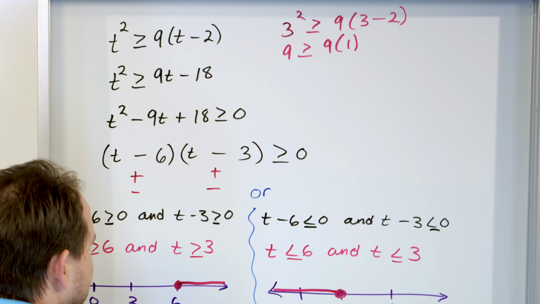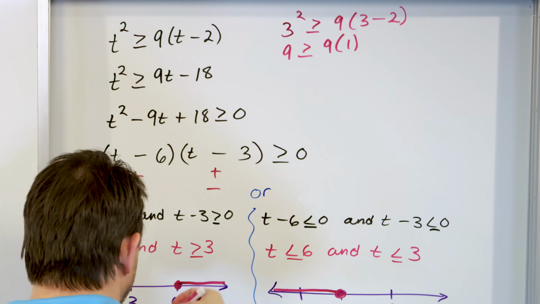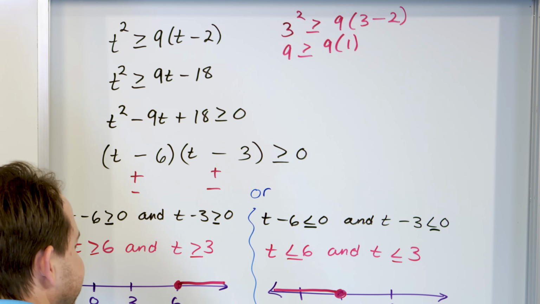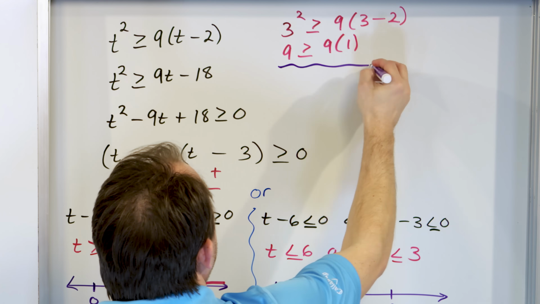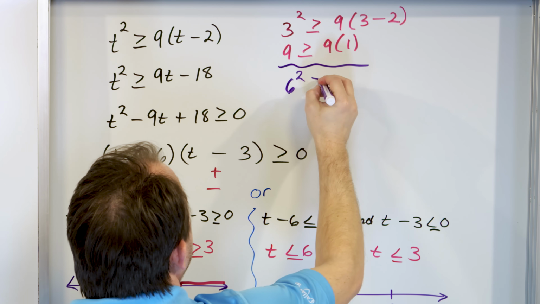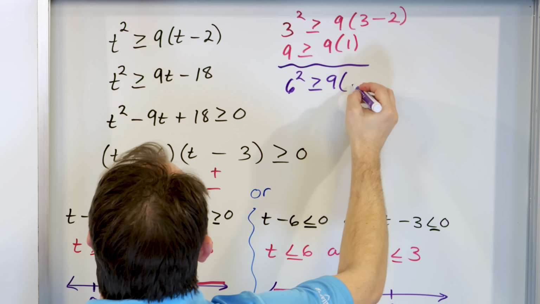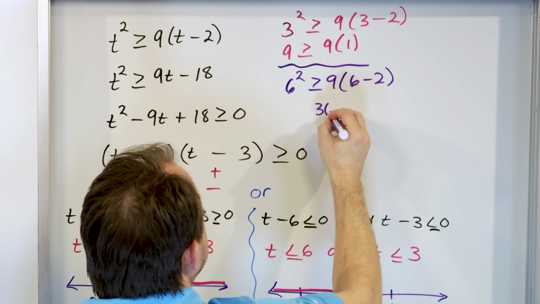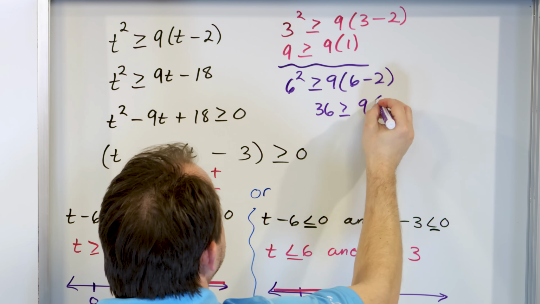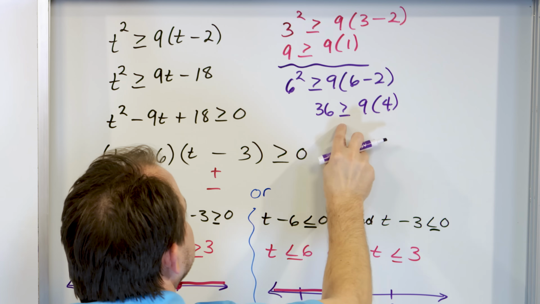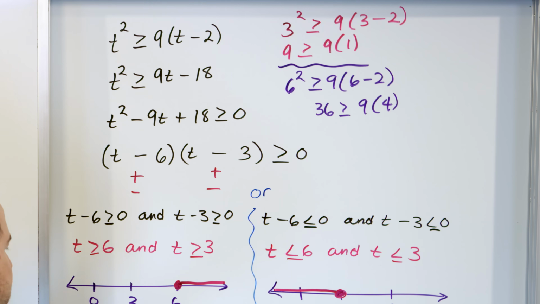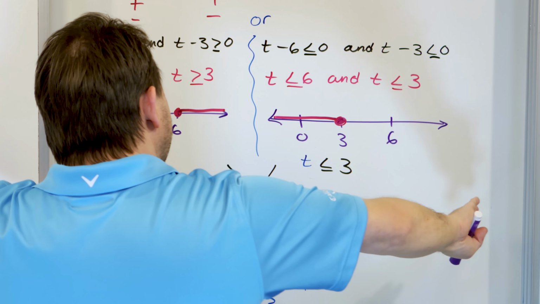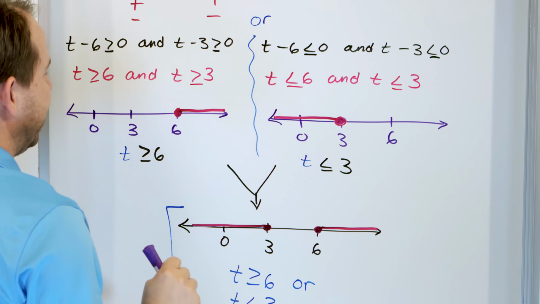Because it's exactly on the dot, it means it's actually equal, so that works out. 6 apparently also works as well. So if we put that in there, 6 squared greater than or equal to 9 times 6 minus 2. So 6 times 6 is 36, greater than or equal to 9 times 4. 9 times 4 is 36, so we have an equality there. So anything bigger than those numbers in each direction will satisfy the inequality.